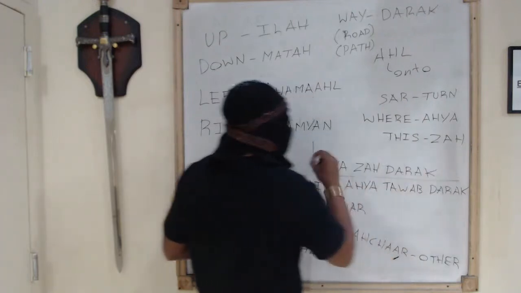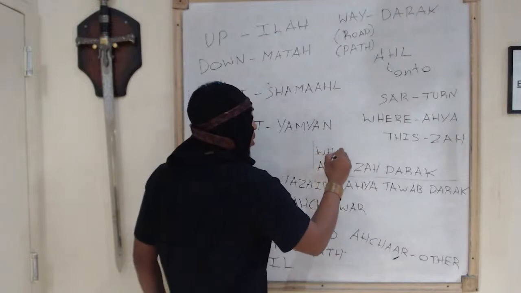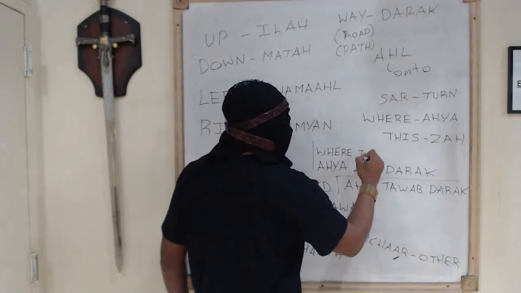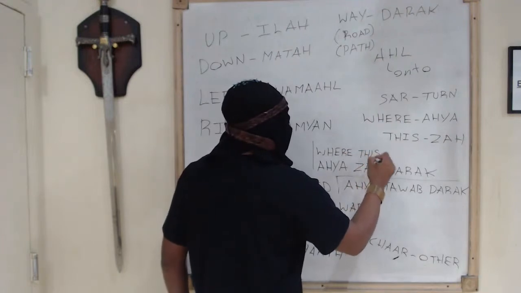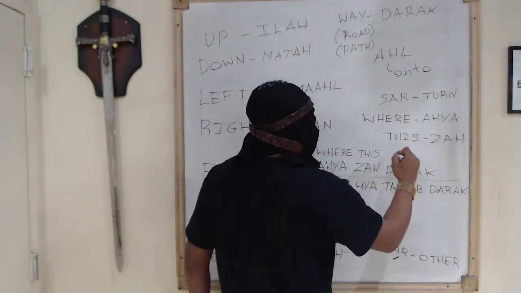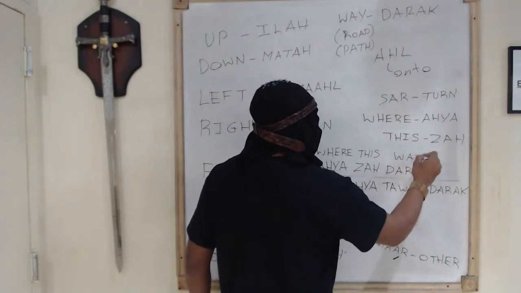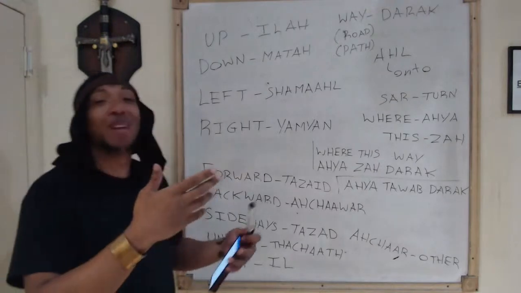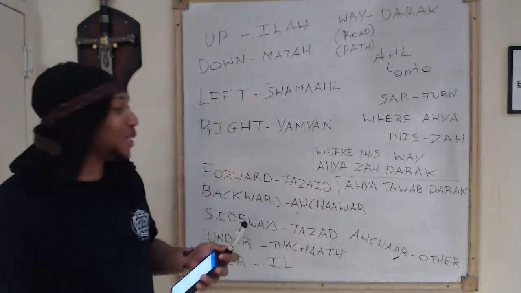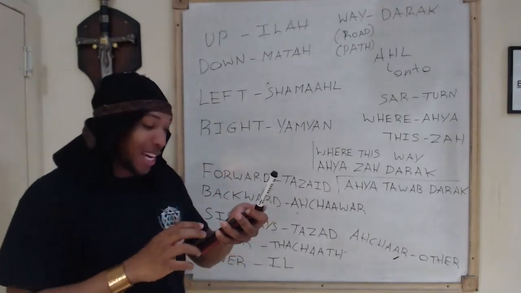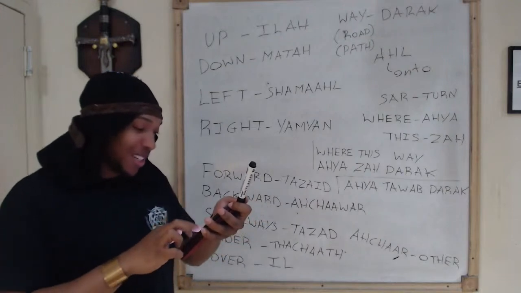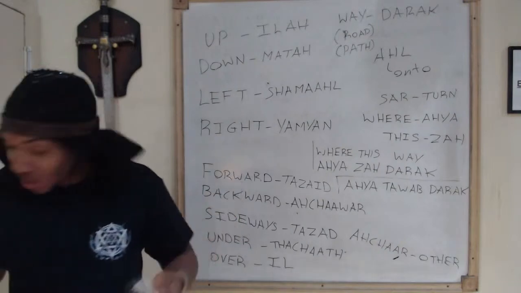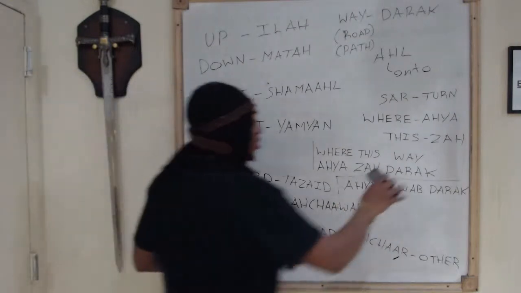In other words, where this way. Where this way at? Right. That is black. Where is that? Yeah. You can't get no blacker than that, man. Where this way at? I hear the scriptures talking about. Come. Oh, you got hot tawab on there too.